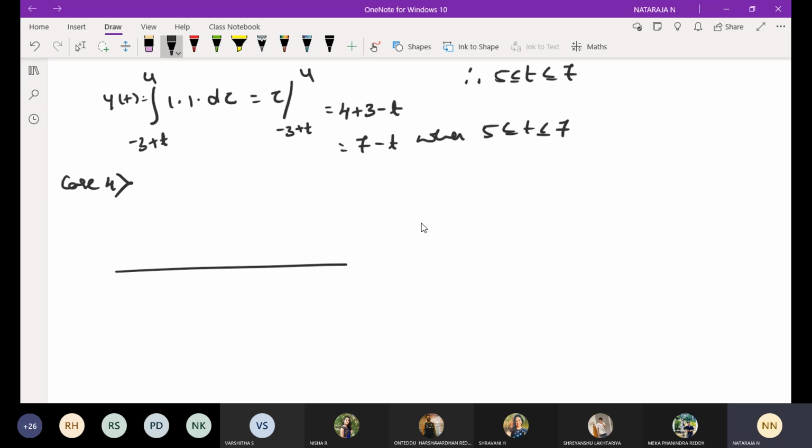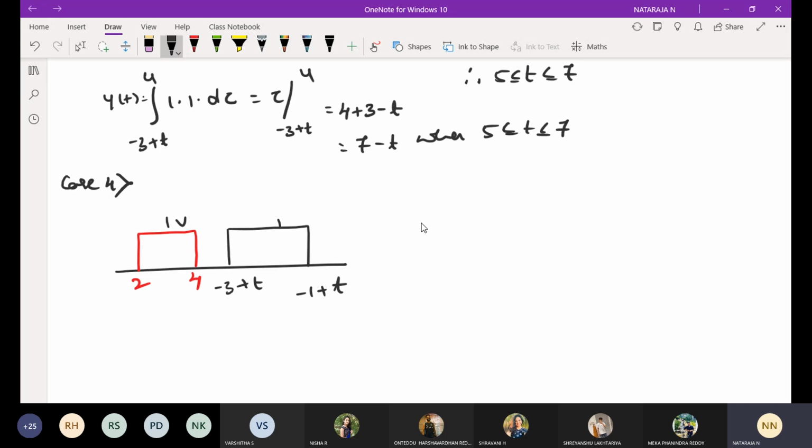This is my time axis and this is my h of t minus tau, and minus 3 plus t and minus 1 plus t. This is amplitude 1 and the signal will be moving towards the left side, 2 and 4. Now there is no overlap, so the output will be 0. This is also 1 volt.